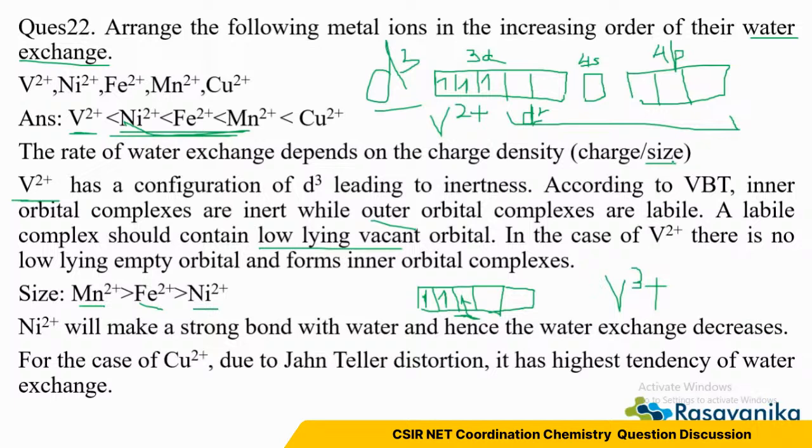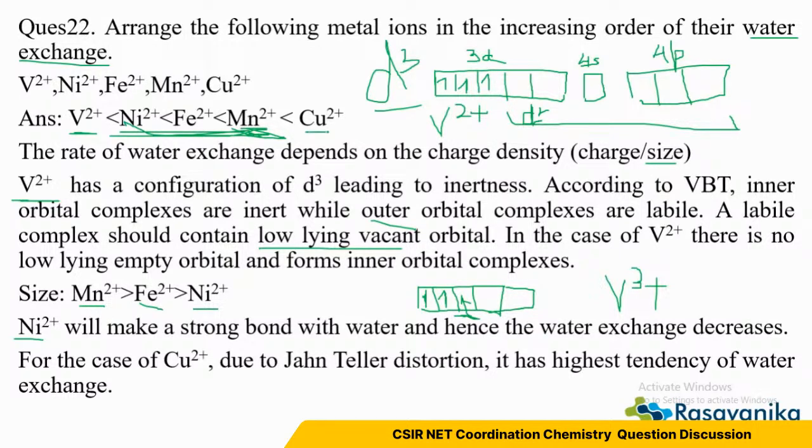So greater the size, lesser the charge density, it is an inverse relation with water exchange. So nickel has a small size. Nickel 2 plus will make a strong bond with water, and hence the water exchange decreases because it has a small size. And then iron, and then manganese. Manganese has a large size, so it can easily exchange the water ligand with the other ligands, right?